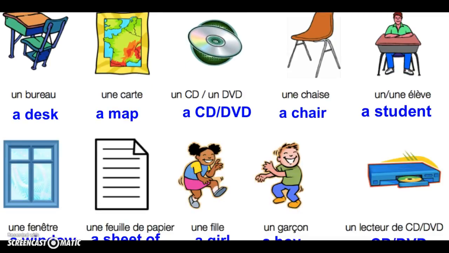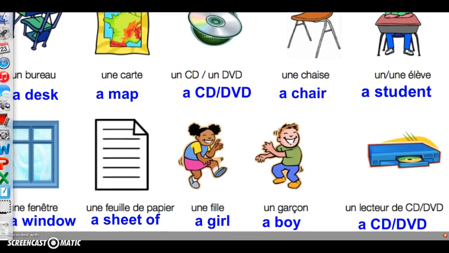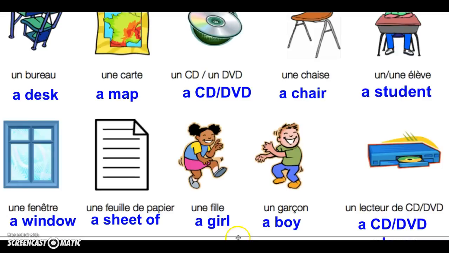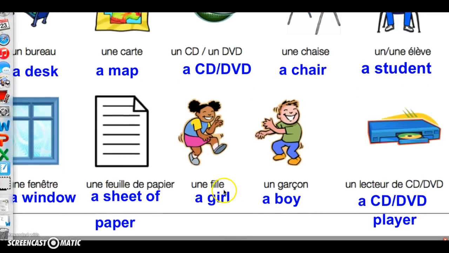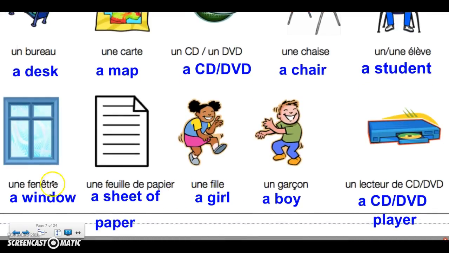And then we're going to come to, oh no, the video doesn't film all the way down here. There we go. So we've got une fenêtre, which is the word for a window. Une feuille de papier, which is how we say a sheet of paper. I know it looks like foil, but it's actually going to be feuille.